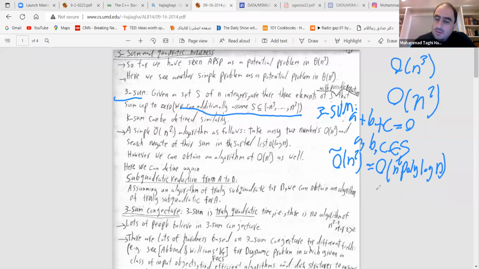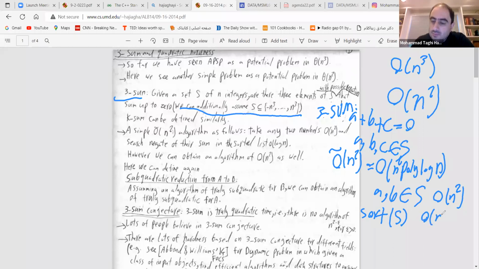Take any two numbers, A and B, belonging to S, and then sort S. So this is order n square already. Then we sort S, which is order n log n.